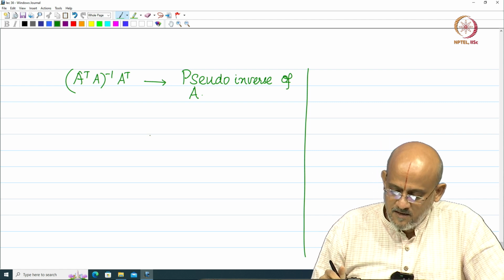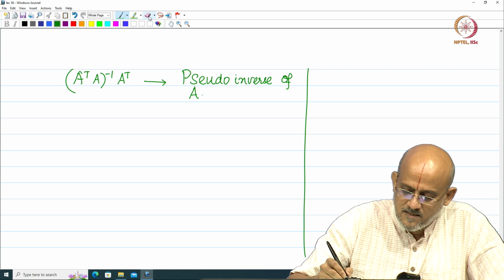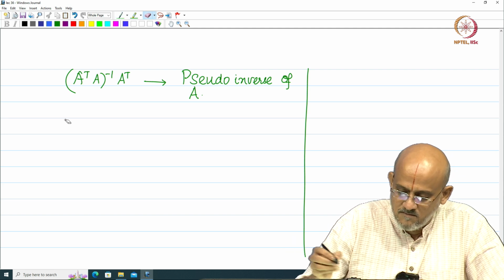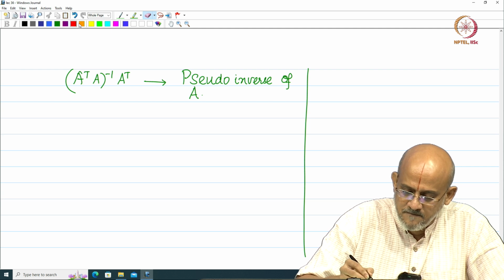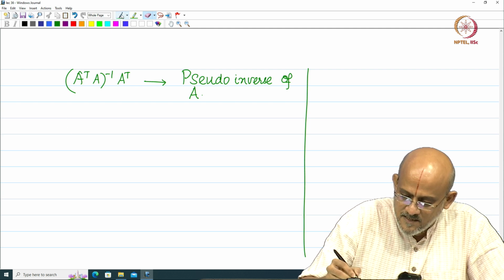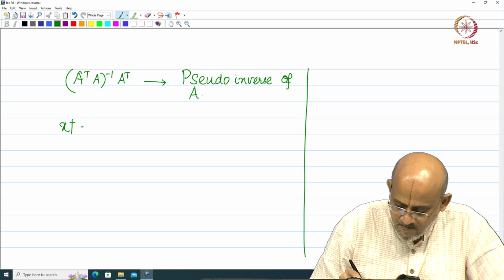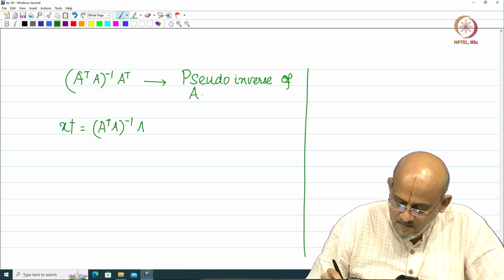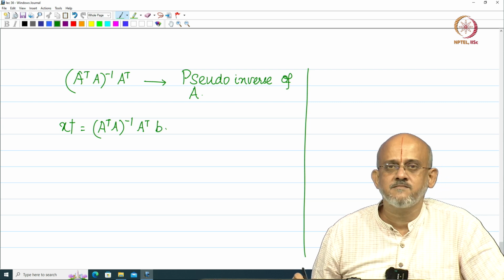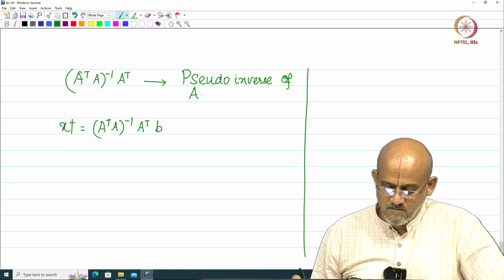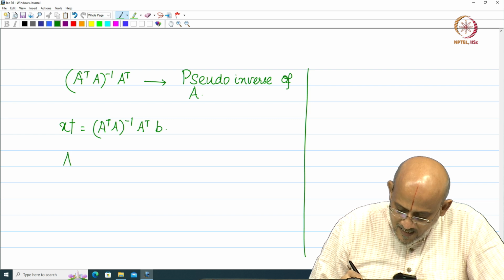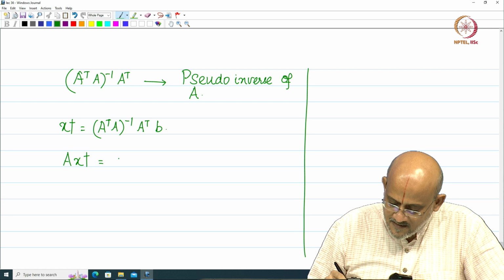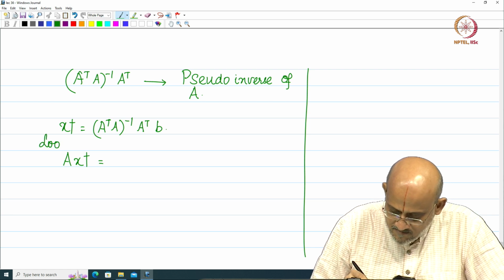Okay. Now let us look at this. Let us just take this again. So we had X dagger is equal to A transpose A, the whole inverse A transpose B. So let us look at what is AX dagger.